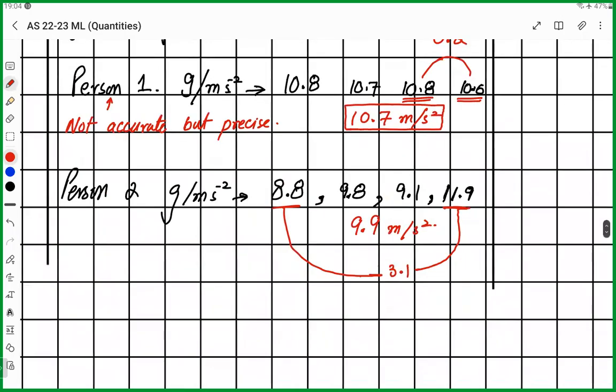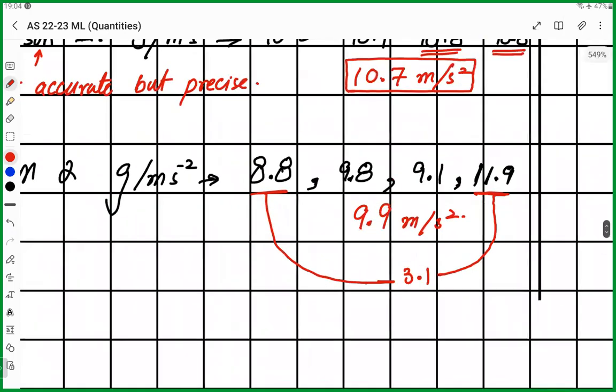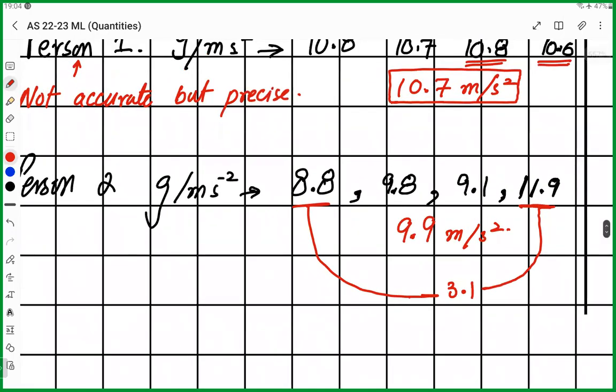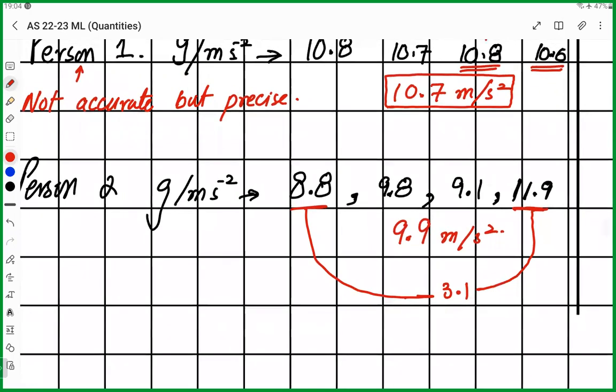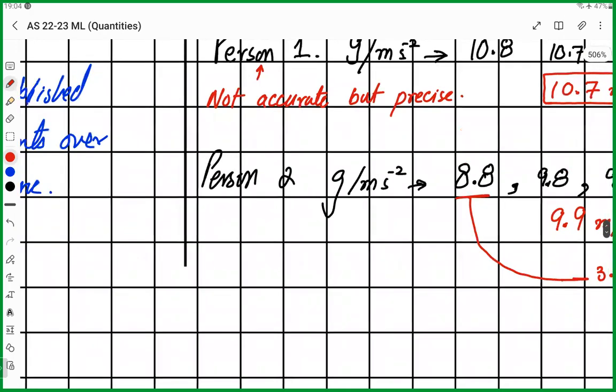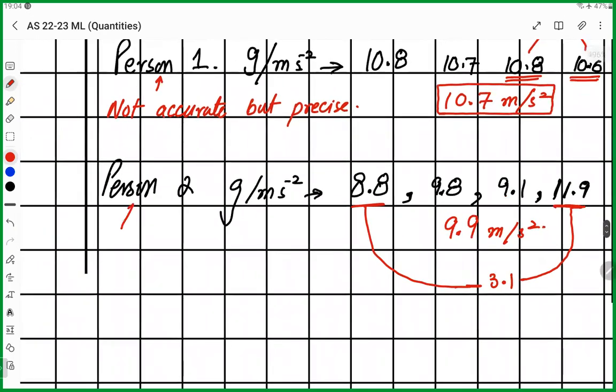Look at the second person. We know he's getting an average value 9.9, and actually it is 9.8 meter per second square. So do you think he's accurate? Yes, sir. This person is more accurate, but less precise, because his measured values are not very close to one another.